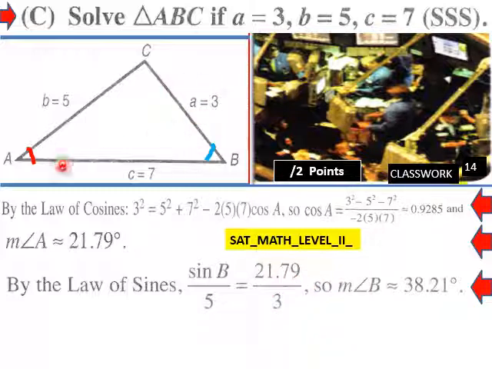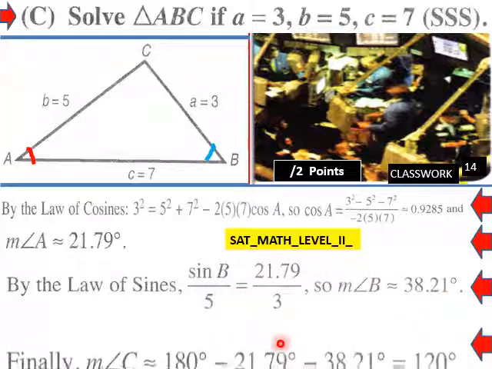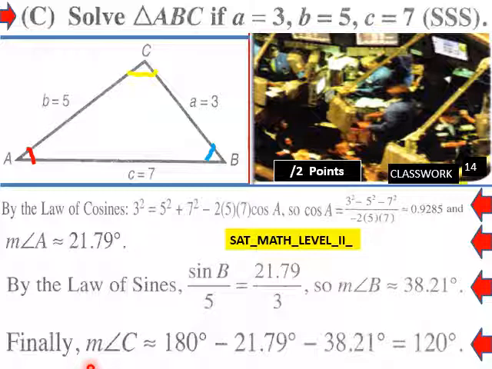We know this and we know this, so we can set up a proportion here, and so the measure of angle B becomes 38.21 degrees after we do our math here. And then finally for the measure of angle C, it is 180 minus 21.79 minus 38.21, and it comes out to being 120 degrees. So once we find two angles, we can always find our third angle.